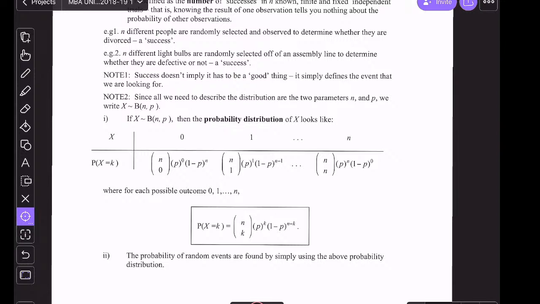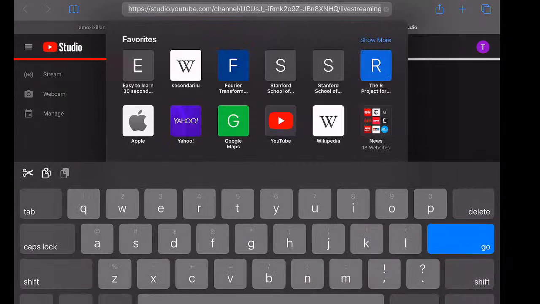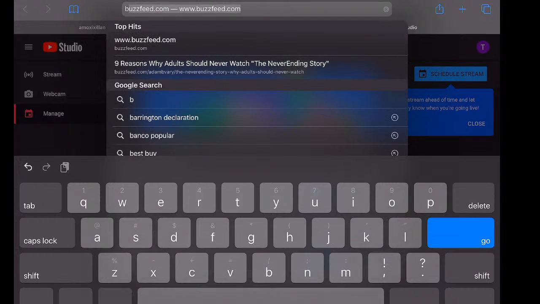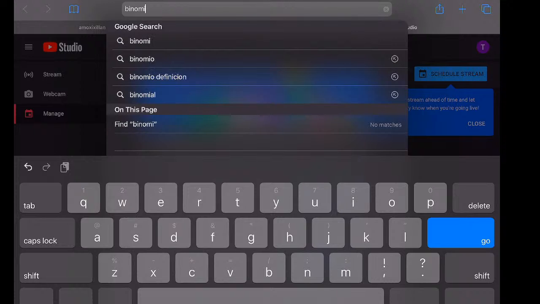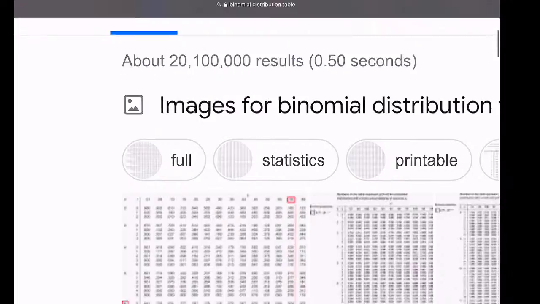Now, I'm going to show you online, you could go online and find for yourself binomial distribution tables. So before calculators were ubiquitous, or computers, books of tables were created, and people used them. As recent as my education, we were using books of tables.